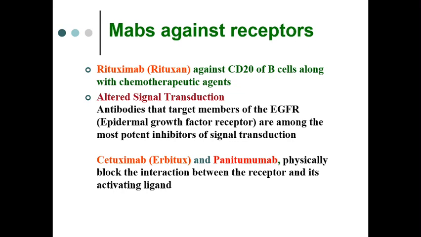And these two EGFR-specific monoclonal antibodies are cetuximab, the trade name of which is Erbitux, and panitumumab, which are known to bind to these receptors, that is EGFR, and bring about blockade and prevent the normal functioning of the receptor. Hence, the tumor growth can be suppressed.